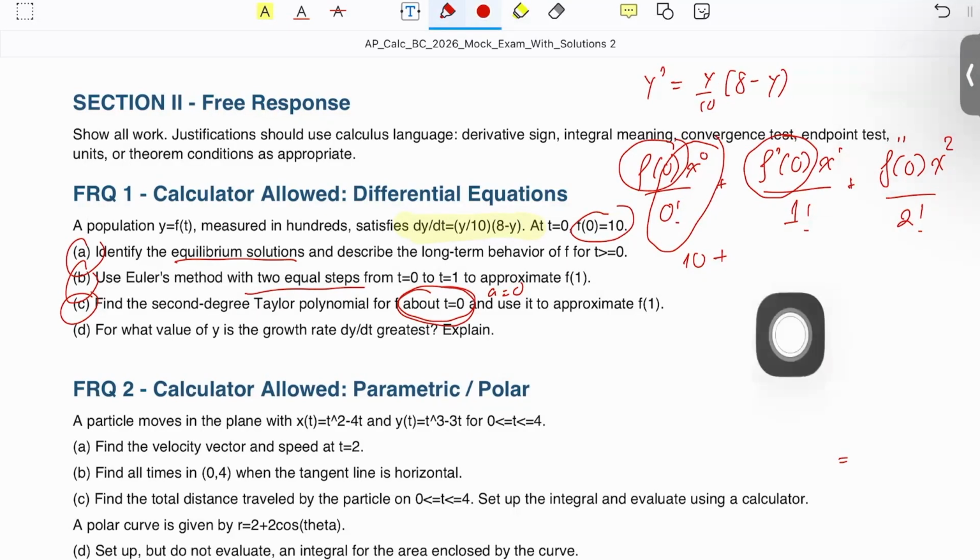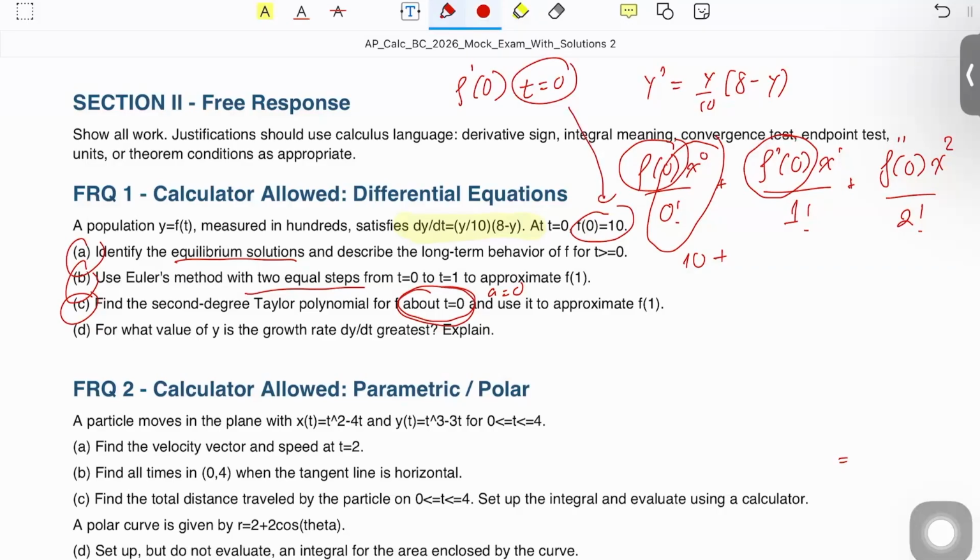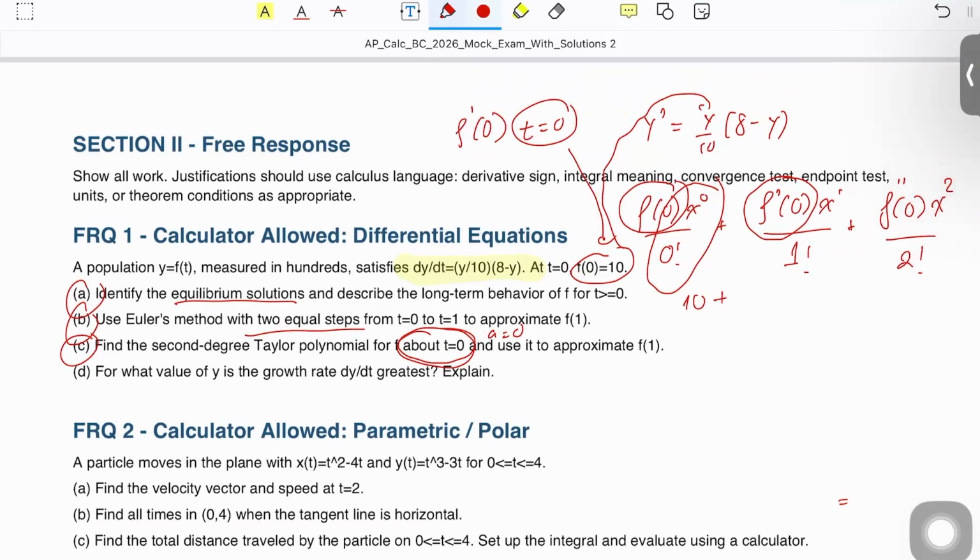When they're asking about f of 0, that means t equals 0, and f of 0 is 10. So I'm going to plug 10 back in here. I think it's negative 2, which we found earlier. 10 over 10, times (h minus 10), so you have negative 2.